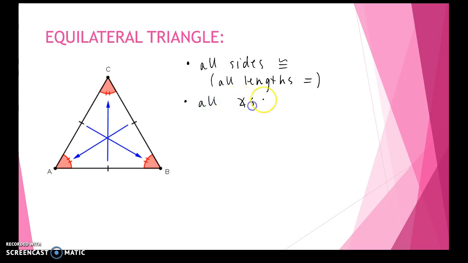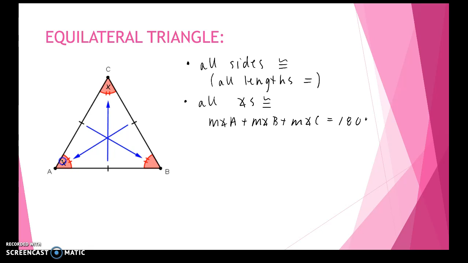All my angles are congruent. Okay, so if all the angles are congruent, that means these three angle measures are all the same value. So I know that the measure of angle A plus the measure of angle B plus the measure of angle C is going to be 180 degrees. That's true for any type of triangle.